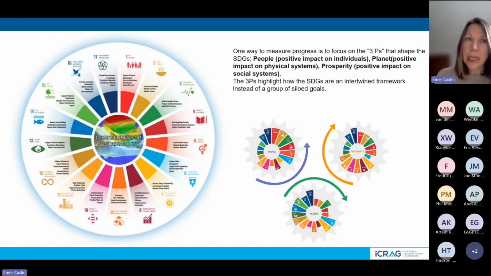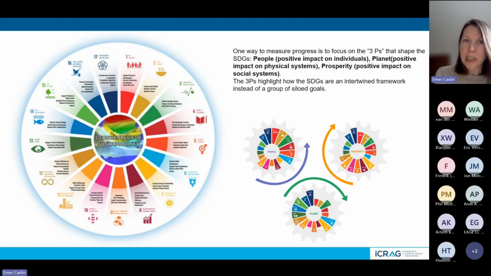For this, we actually wanted to not look at each of the 17 SDGs in silo, but what we wanted to do was to look at the 3 Ps, which is what the United Nations would use as well, of people, planet, and prosperity. So people being positive impact on individuals, planet being the positive impact on physical systems, and prosperity, the positive impact on social systems.